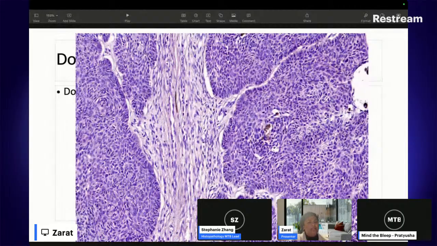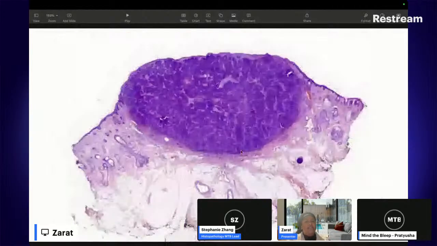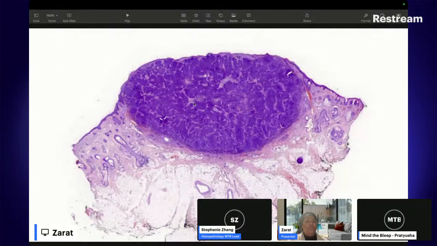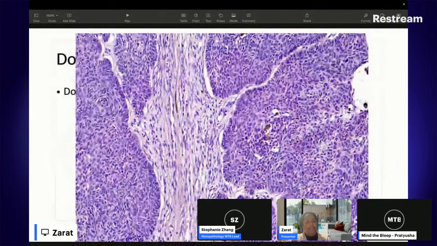And if you can appreciate, the nuclei don't all look nice and round. Some of them look a bit angrier. It's not the ugliest thing ever, but it is not normal. And there are loads and loads of them. There's this huge nodule, lots of nests of these very blue keratinocytes, which is mainly the nuclei.